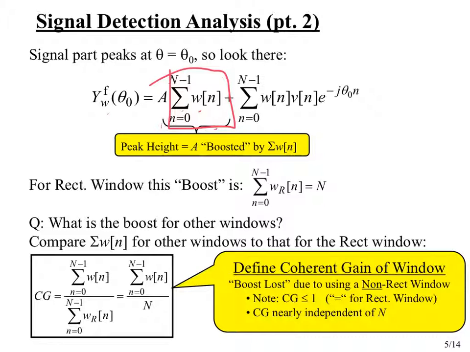Well, is that good? Well, it depends on what collecting more samples does to the noise floor. So we'll have to set this aside for now and come back and revisit this. I know that the peak is going up and up and up. What happens to the noise floor? I'll give you a hint. It's also going up and up and up. But guess what?